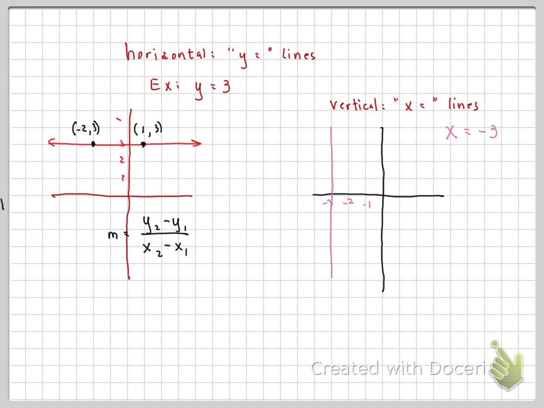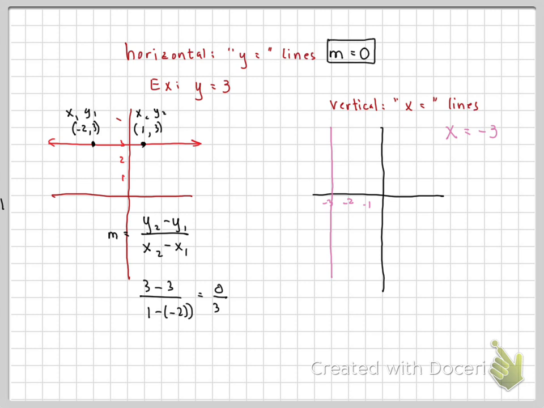Okay, so this is x1, y1, x2, y2. So y2 minus y1 over x2 minus x1 gives me 0 over 3. 0 divided by any number at all gives you a 0. So remember, the slope of a perfectly horizontal line is always 0.